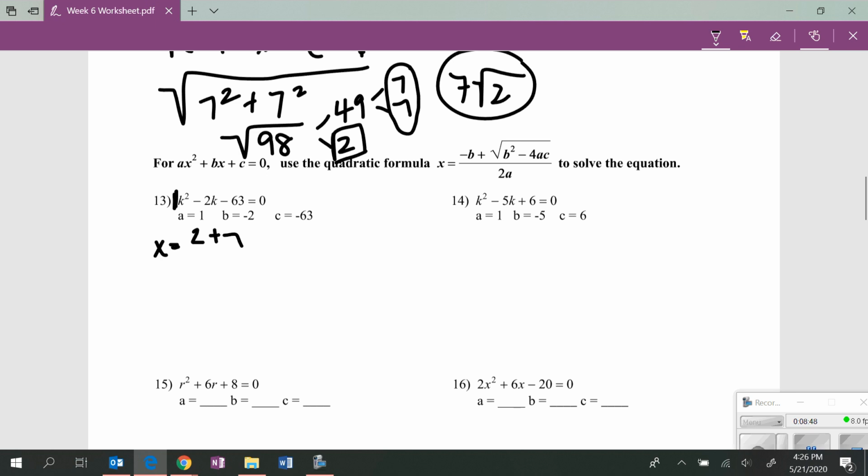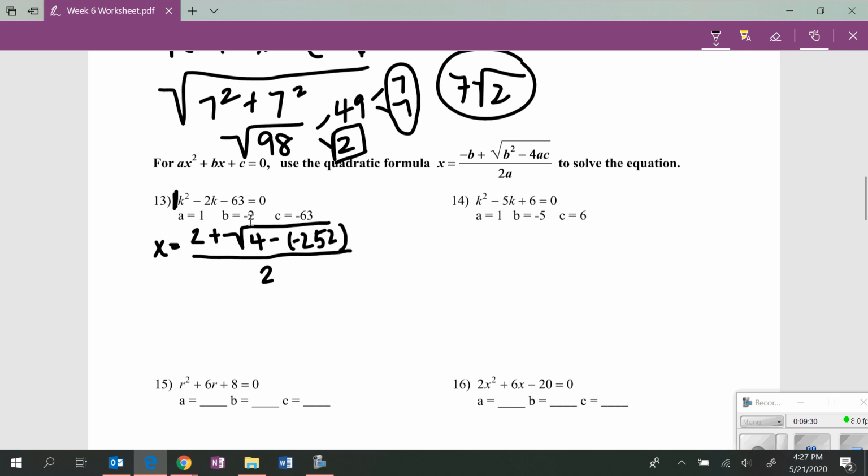And I'm going to add that to my square root of b squared, so negative 2 times negative 2 is positive 4 minus 4 times 1 times negative 63 is a negative 252. Okay, that negative came from my negative 63. And this is all in a fraction over 2 times a, which is 2 times 1, so 2.